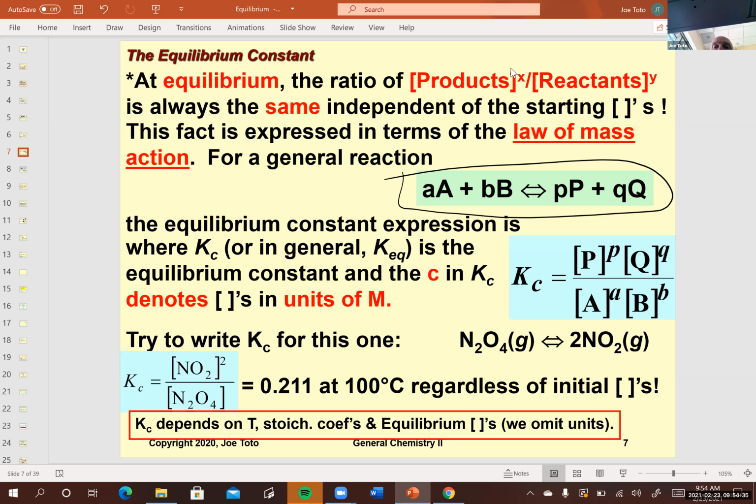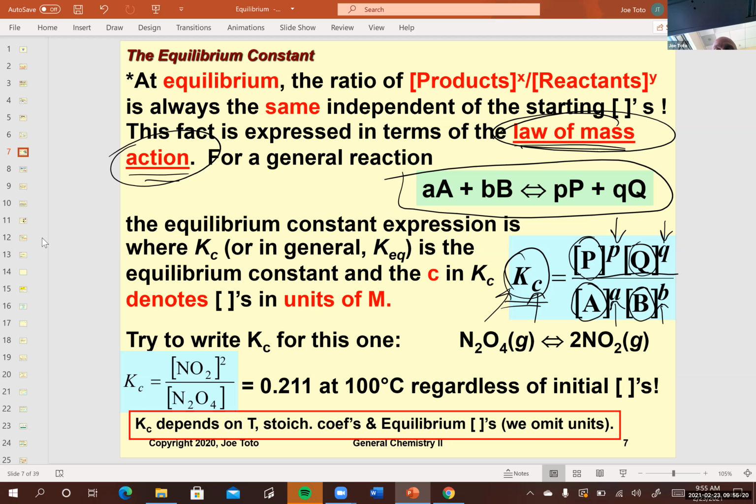A special way to form that ratio is using the law of mass action, and that's used to define what we call the equilibrium constant K. It's a constant, and it's formed by taking the concentrations in units of molarity of the products to their stoichiometric coefficients and dividing that by the concentrations of the reactants to their stoichiometric coefficients. When you do that special ratio, that's defining the equilibrium constant using the law of mass action.